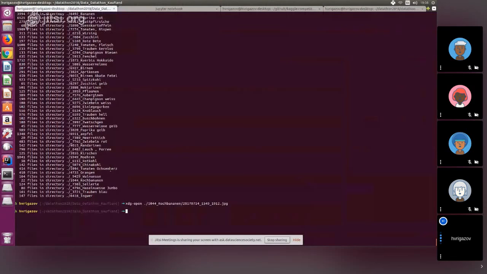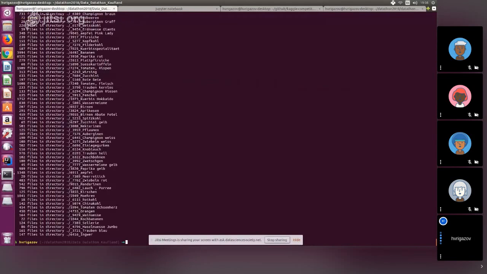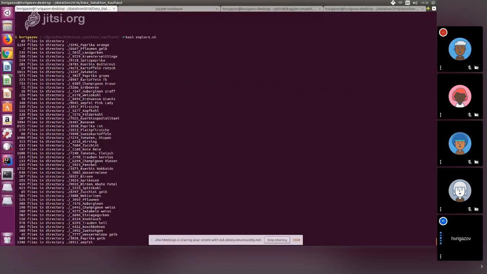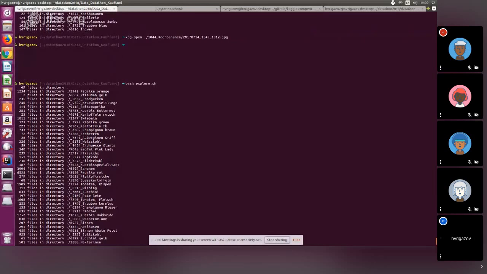So basically, let me just show you the count for each class. The data is highly imbalanced. There are some classes that have just 22 examples. Of course, it's almost impossible to train a model based just on that.